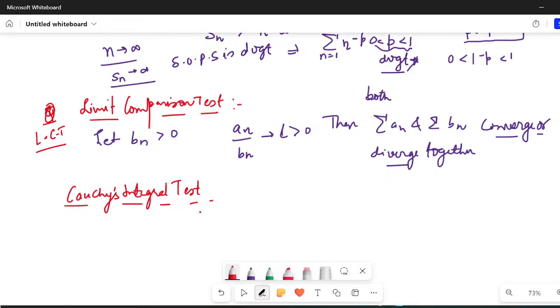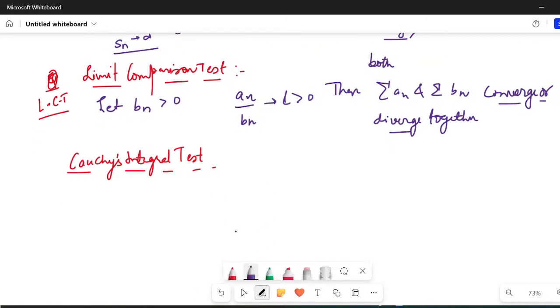Let us say that I want to explore the convergence of summation An, and let's say this summation An can be represented as some function. Let us say I'm talking about summation 1 upon n.